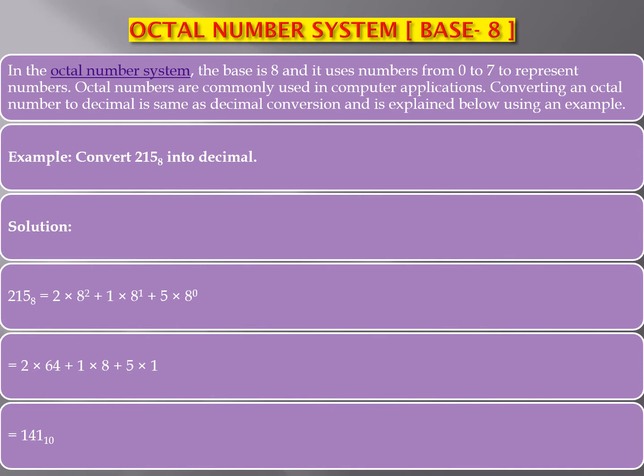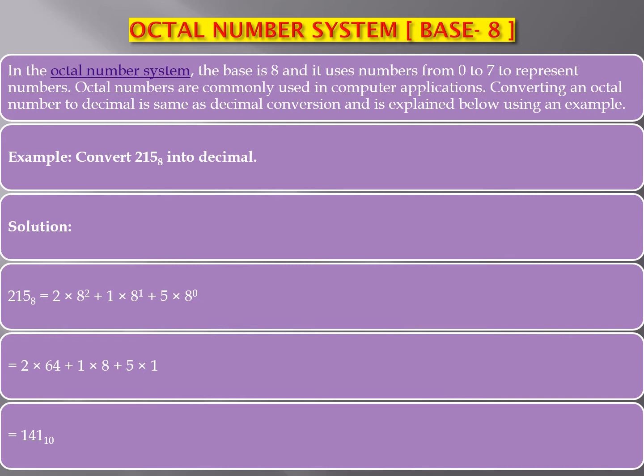In the octal number system, the base is 8 and it uses digits from 0 to 7 to represent numbers. Octal numbers are commonly used in computer applications. Converting octal numbers to decimal is the same as decimal conversion, as explained below using an example. Example, convert 215 base 8 into decimal.